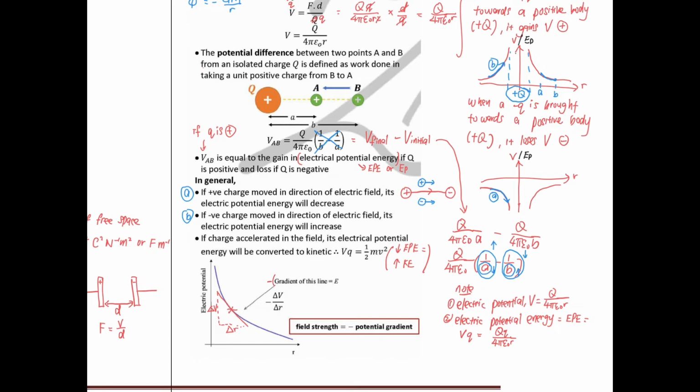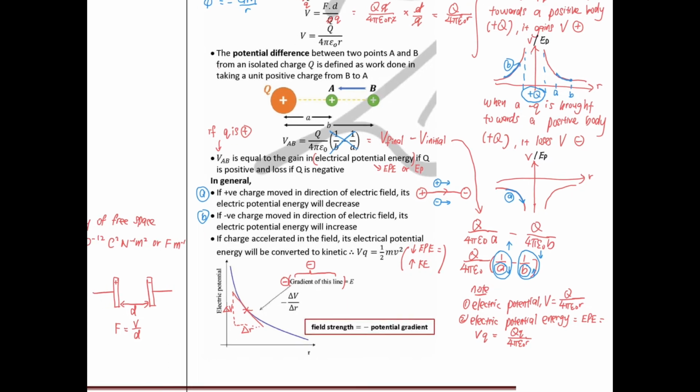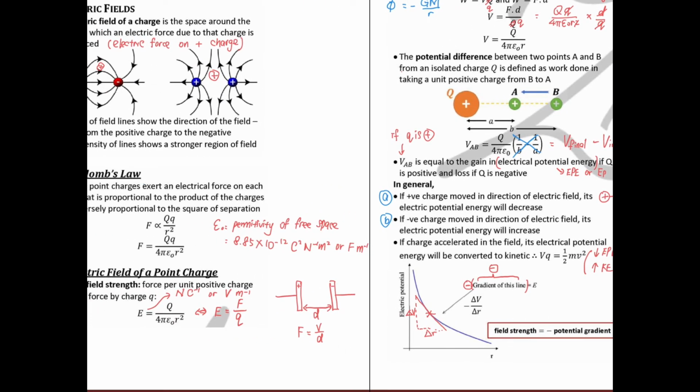The gradient itself is already a negative value, so we put another negative there to make it positive, and that value is equal to E. What is E? Electric field strength, which is this one, E.